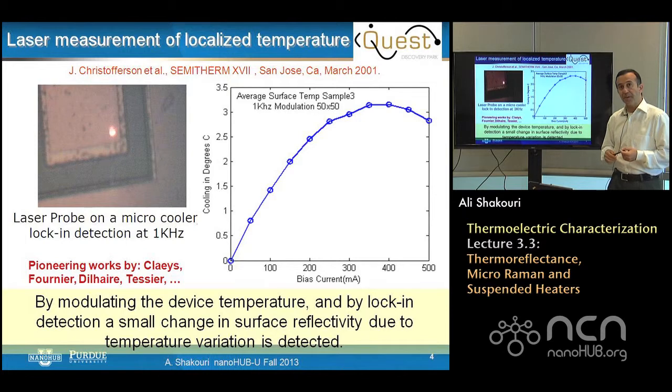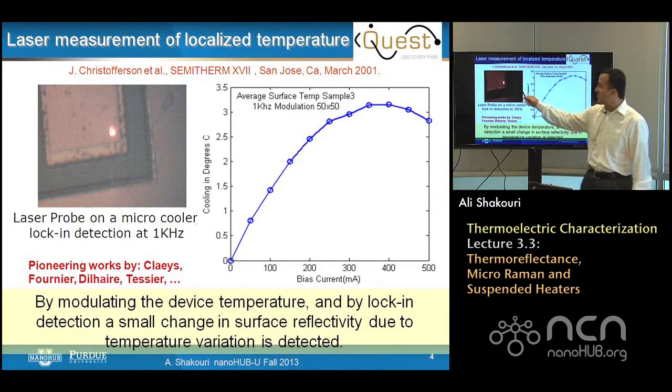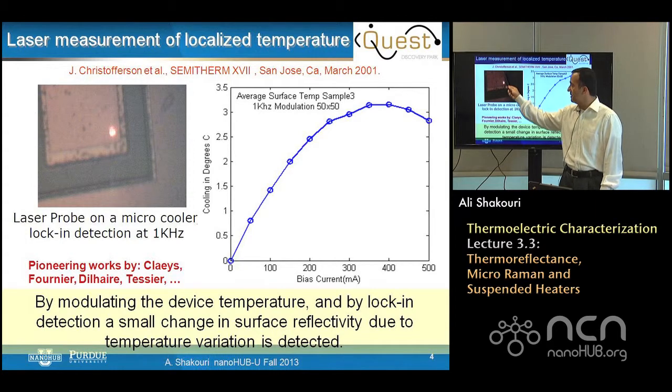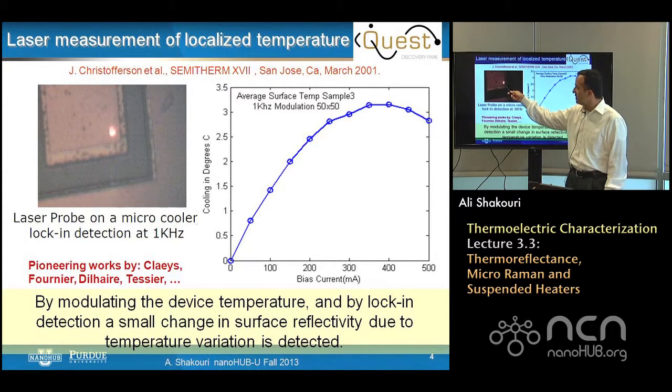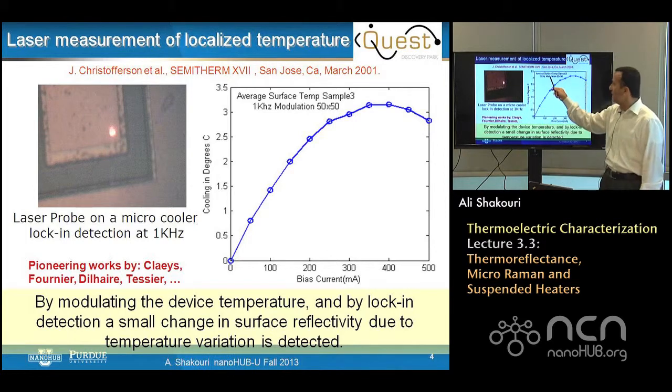Here are some of the early measurements of temperature. This is our test device, a micro refrigerator. In this case it is 50 by 50 micron. Here you can see the reflection of a laser spot, almost like a pointer, going from this location. And then the device turns on and off with a frequency of 1 kilohertz.